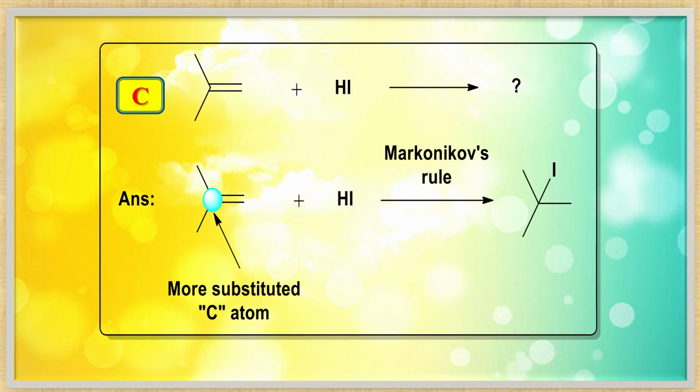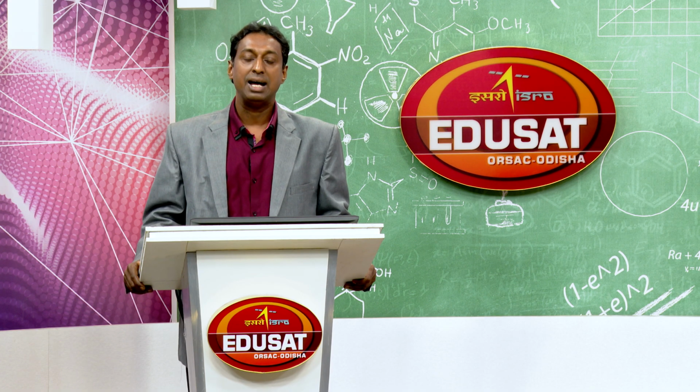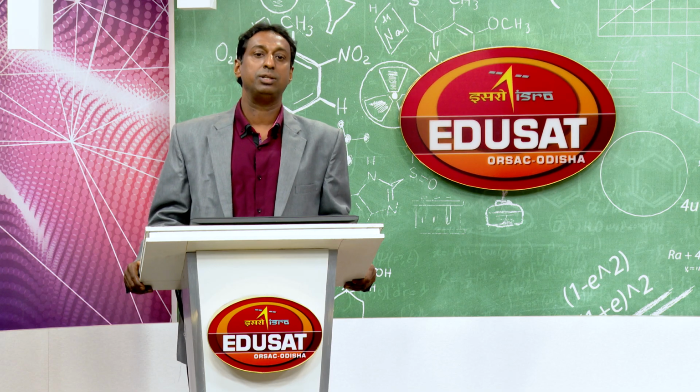As per Markovnikov's rule, to the carbon which has the fewest hydrogens, you attach the negative part of the compound, that is I minus in case of HI. So, I minus will attach to the carbon which contains the least number of hydrogens, or the more substituted one. So, you get the compound tertiary butyl iodide. This is called Markovnikov's addition.